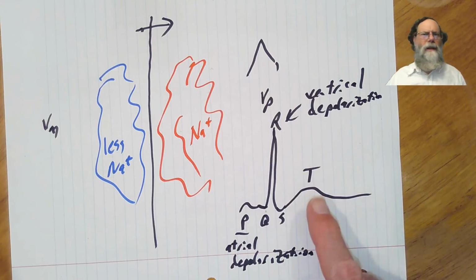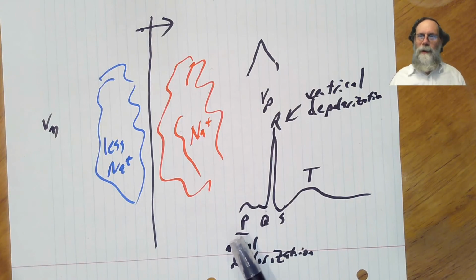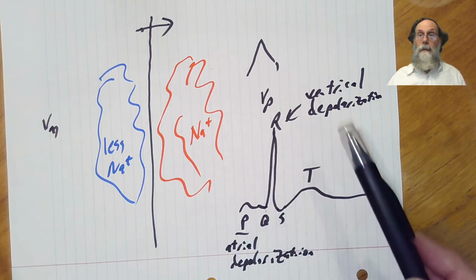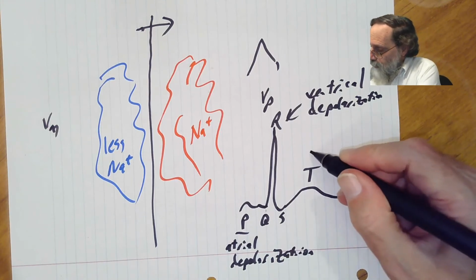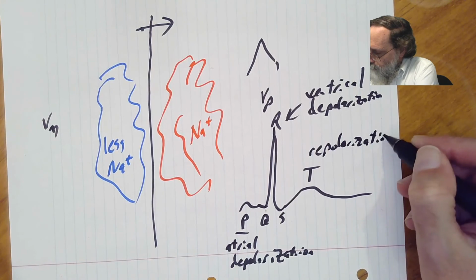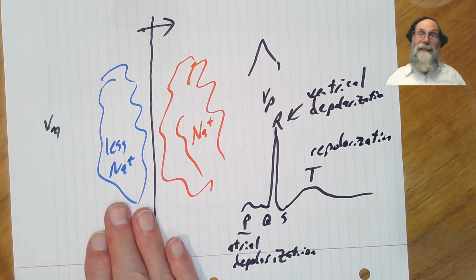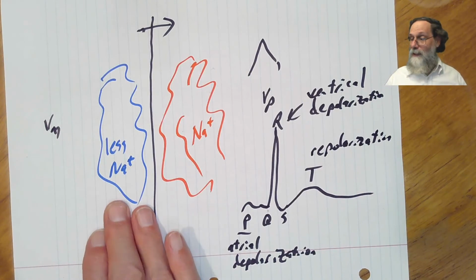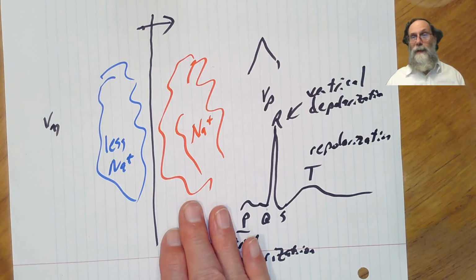But wait a minute, where'd that T come from? I only explained P being something to do with the atrium and QRS being the ventricle depolarization. T is the repolarization. Now the repolarization wave is going from less Na+ in front of the repolarization to more Na+ behind the repolarization.